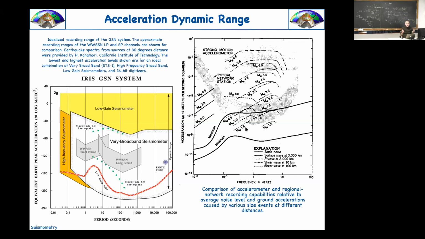And here you have an older, maybe not so nice picture, but it shows again the range of frequencies and the amplitudes that we have to work with, according to the instrument, accelerometer, typical network station, and the noise. Here we have many lines that depend on our distance from the earthquake. That was the idea that Richter developed to define magnitude.